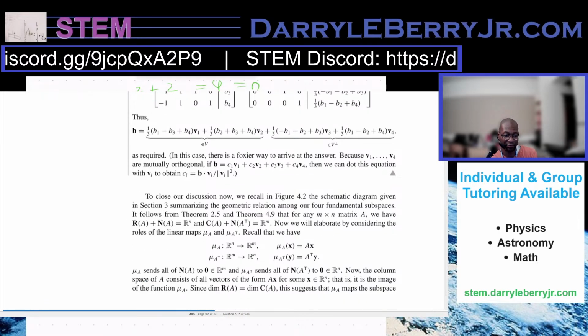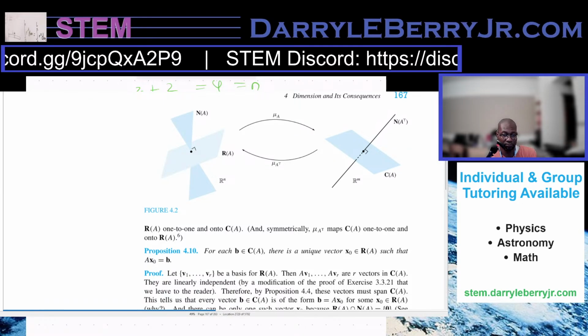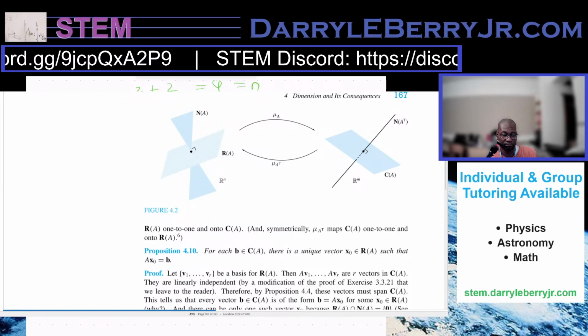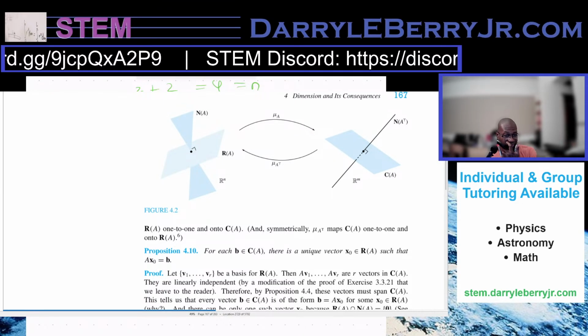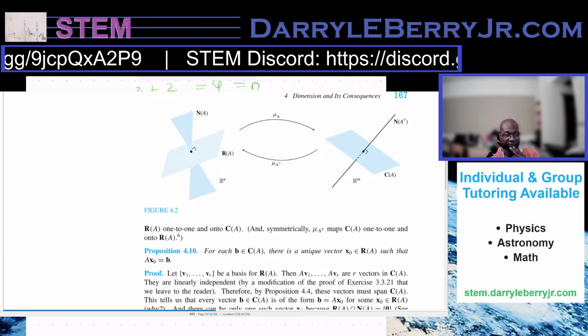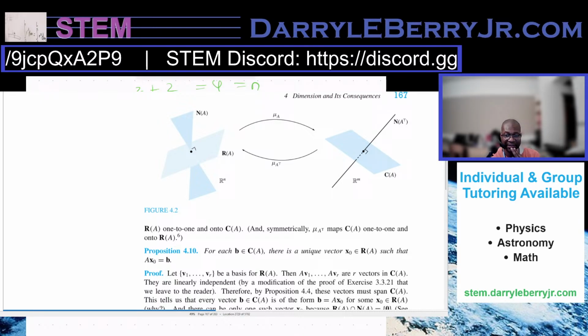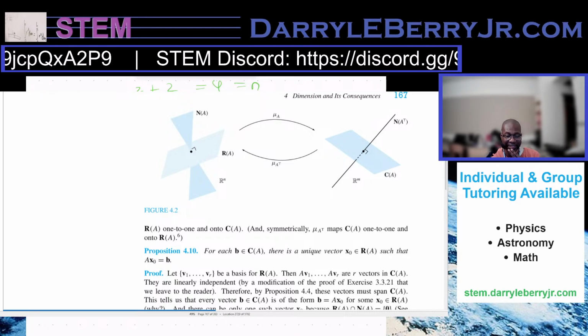I'm going to have to look at that one more closely. So this is the row space, null space thing. We know the row space is flat, the null space is orthogonal. The column space is flat, the left null space is orthogonal.